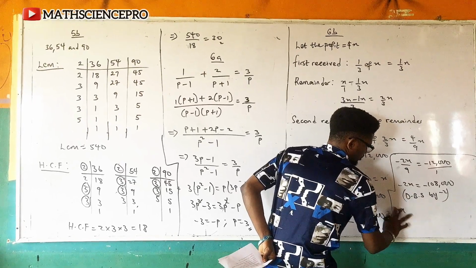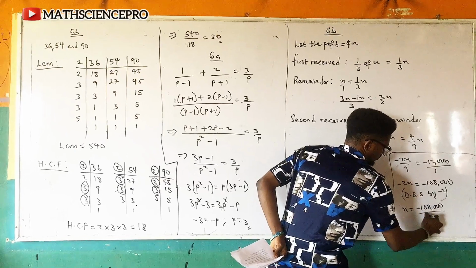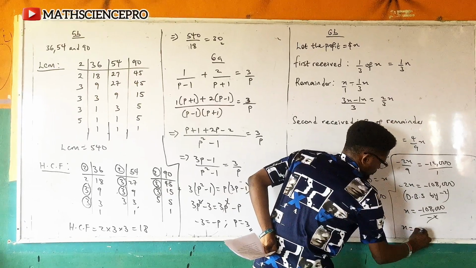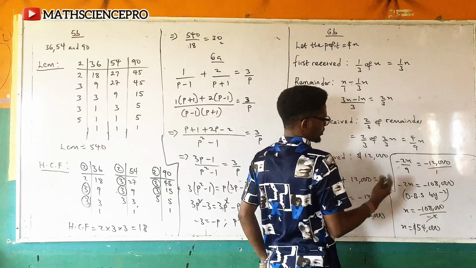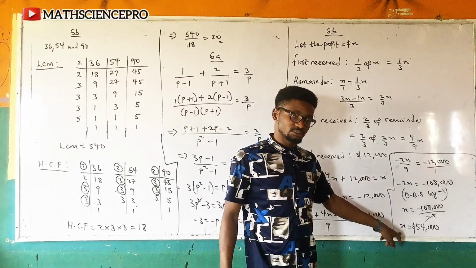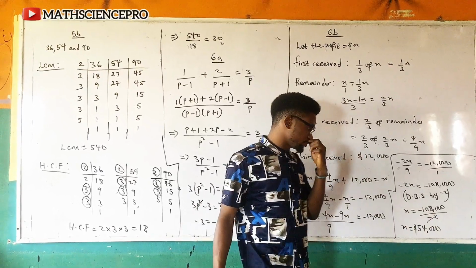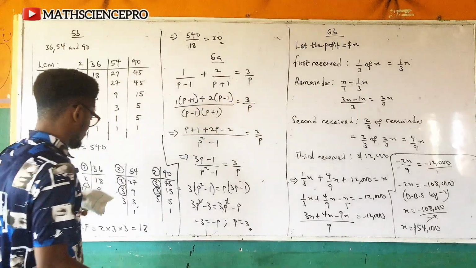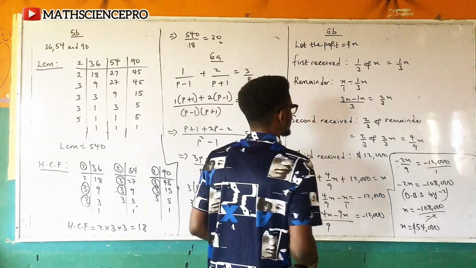So my x is going to be negative 108,000 over minus 2, so x equals $54,000. So you just conclude that x is the profit. So at the end of the day, the profit that was shared between these three brothers is 54,000.